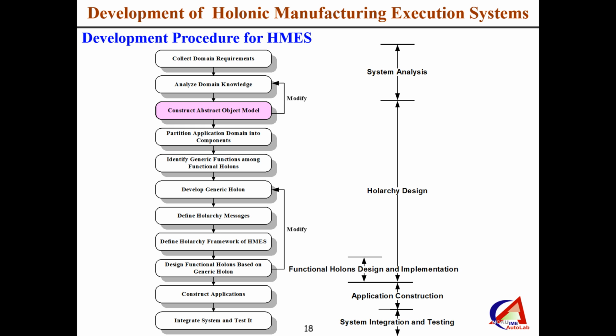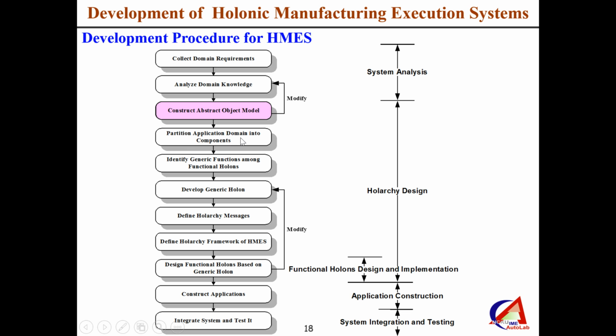But if you don't partition it, then you have very huge modules, and sometimes it's not easy to maintain. So it's better to partition the domain into functional components that have their own real functions. For example, the scheduler and WIP and SPC. They are specific and they are independent. So you need to partition them first.